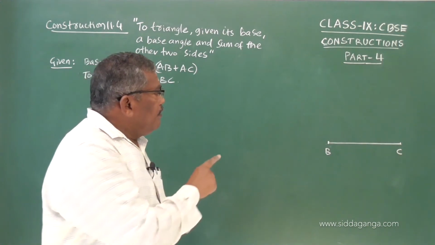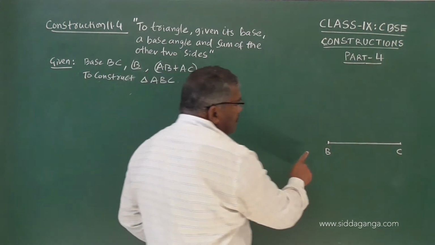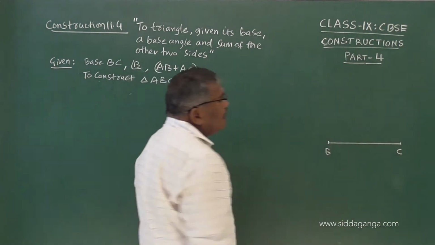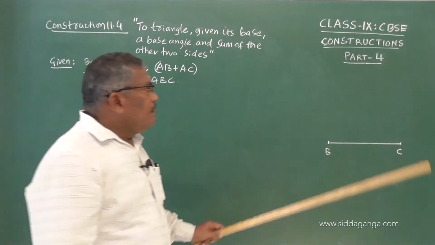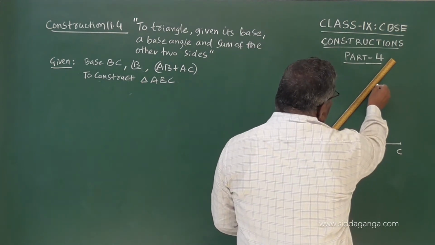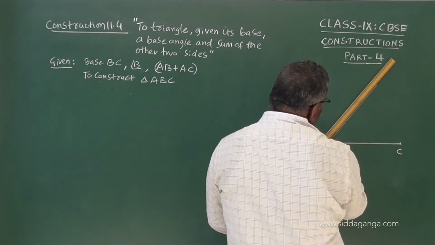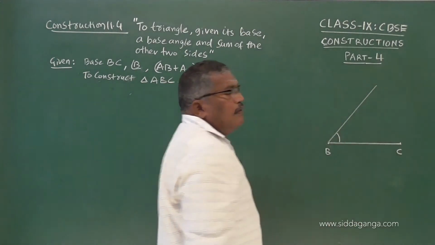So, here BC is equal to given length we will draw. At B, we will construct angle B. So, we will construct the angle B as given. Say I will draw a ray, let B be the angle given.